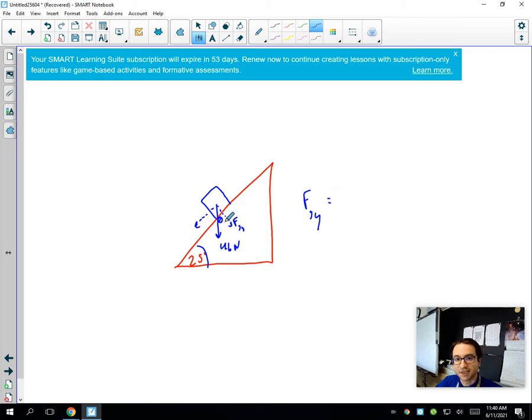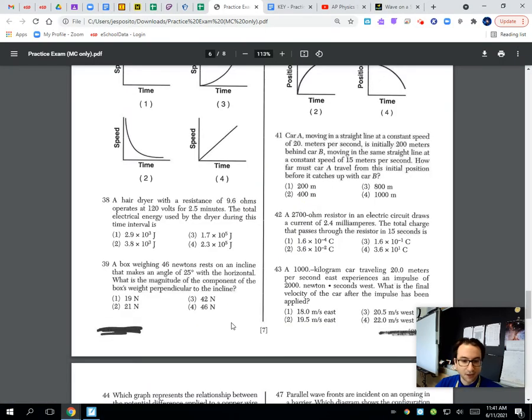You see how the angle is adjacent? That means cosine is involved. We'll take the full force of gravity and multiply by the cosine of the angle. Plugging in 25 for the angle, 46 for the force, we will have our answer. And that is choice number 3, 42 newtons. Rounded, of course.